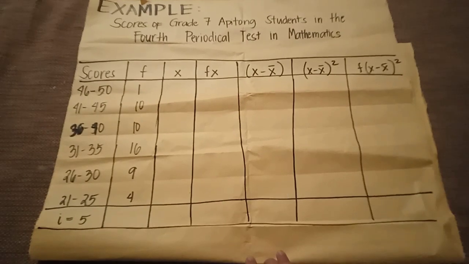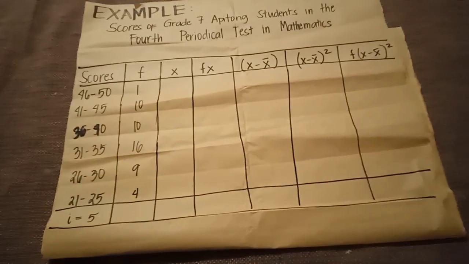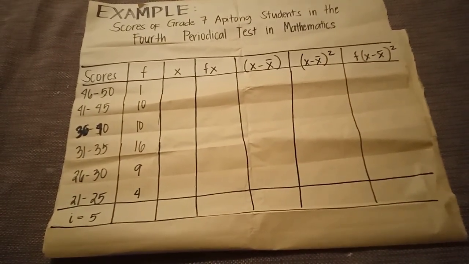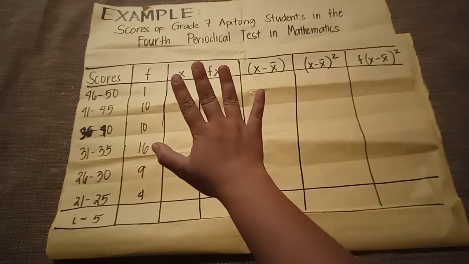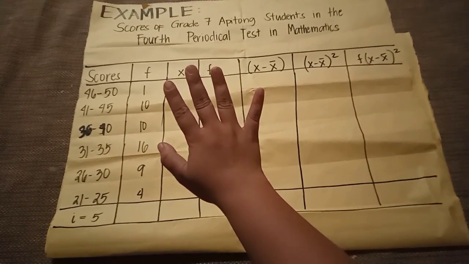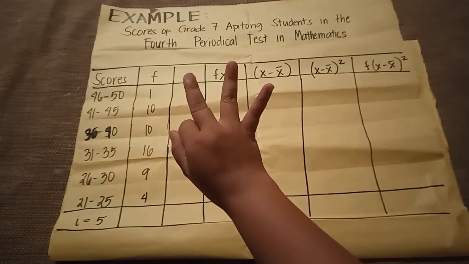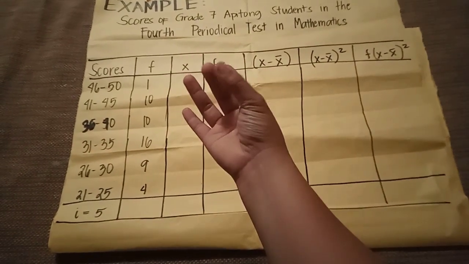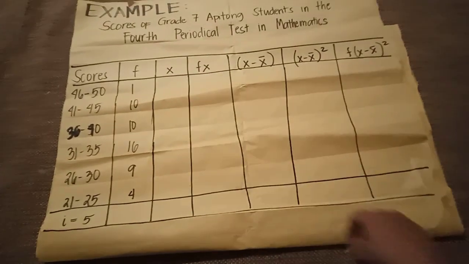To determine our x, or our class midpoint, I have a trick which is the fastest way. As you can see, my 5 fingers each represent a number: 46, 47, 48, 49, and then 50. The one in the middle will be our x, which is 48.